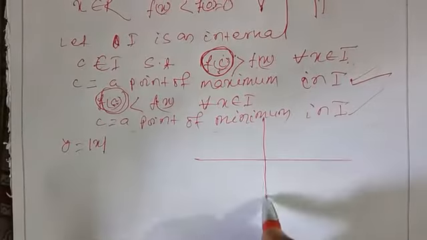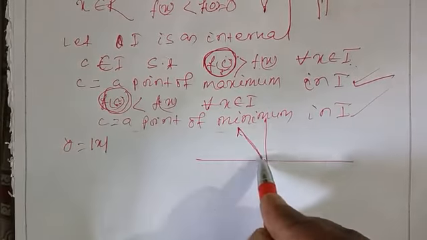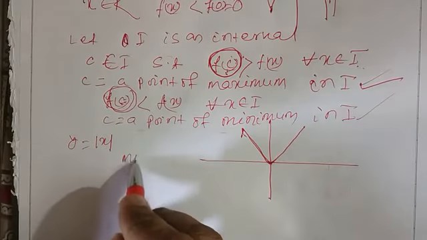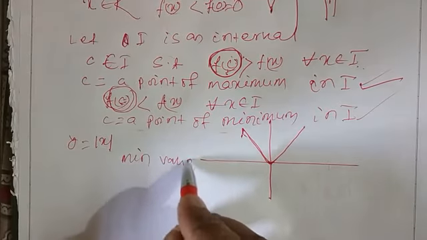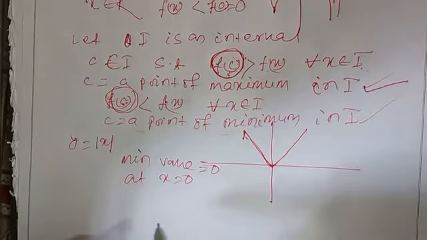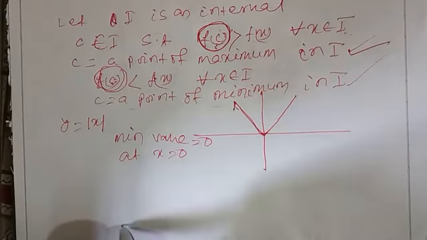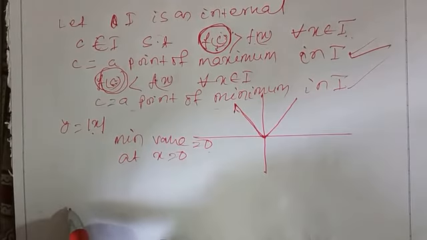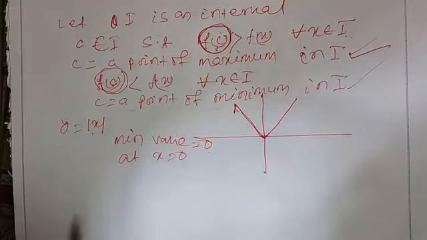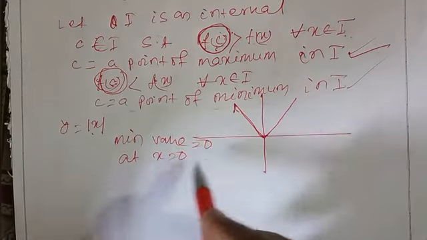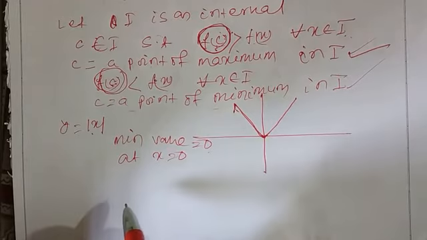What is its graph? Like this, or not? What is the minimum value? The minimum value is 0 at x equal to 0, because for every non-zero number y is greater than 0. Getting the idea? If I take minus mod x, then the maximum value is 0.